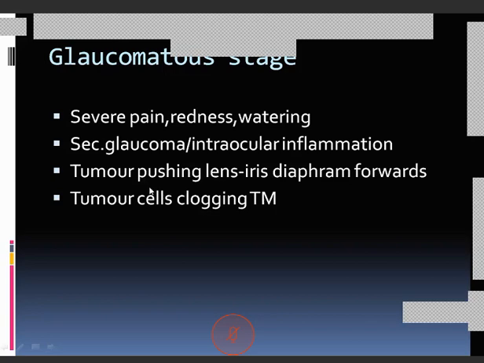When there is extensive growth of the tumor into the vitreous cavity, it pushes the lens iris diaphragm forwards, leading to closure of the anterior chamber angle, leading to elevated intraocular pressure. Or the tumor cells can directly go and clog the trabecular meshwork, which can also lead to elevated intraocular pressure.